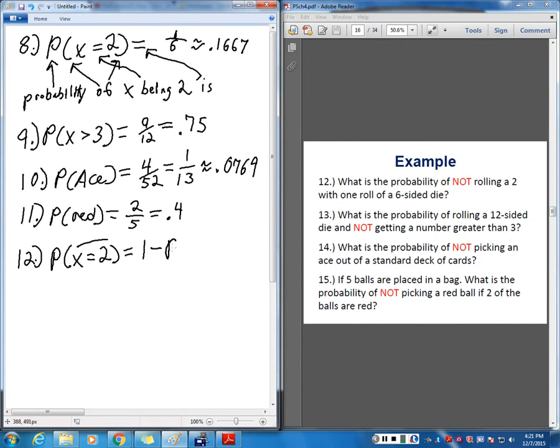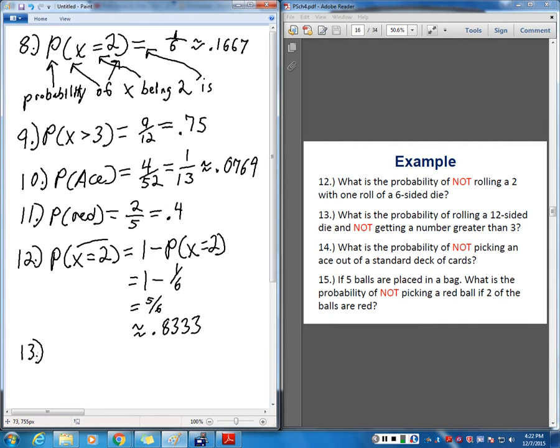So that's 1 minus the probability of x equaling 2, which is 1 minus 1/6, which would be 5/6, or as a decimal, to 4 places, 0.8333.